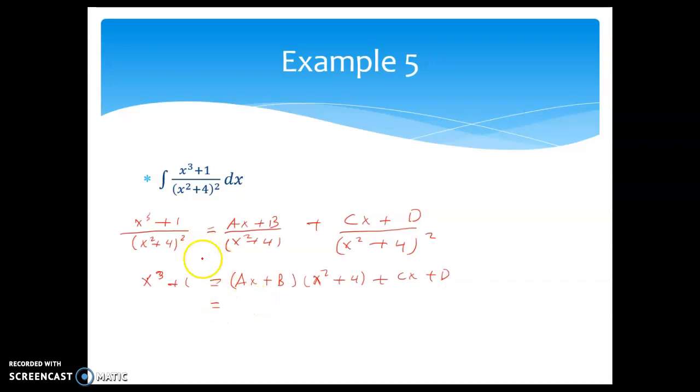Then that is going to give you something like ax cubed plus 4ax plus bx squared.